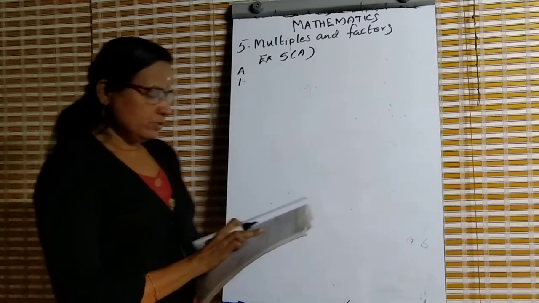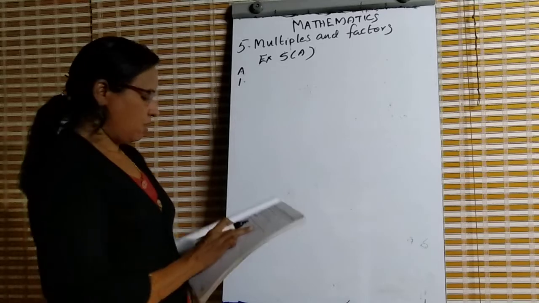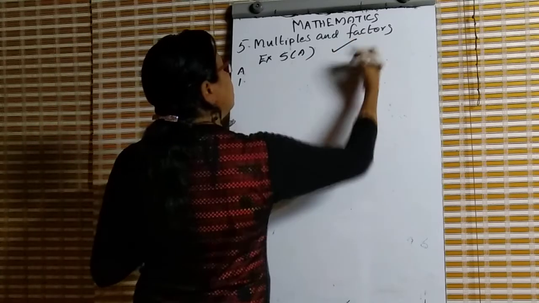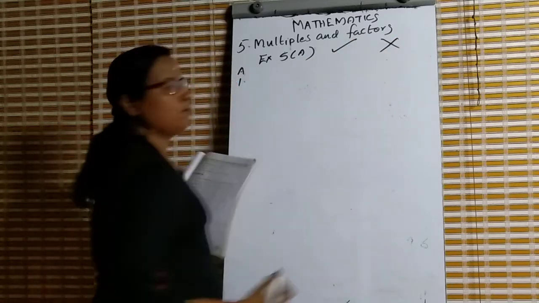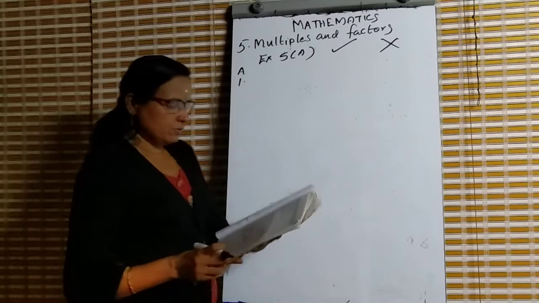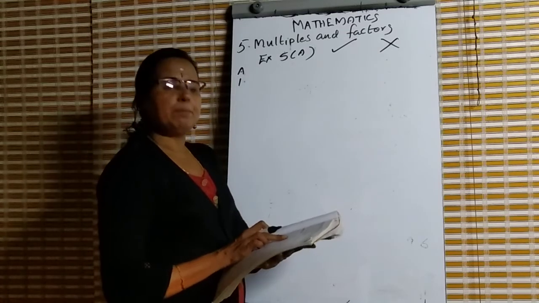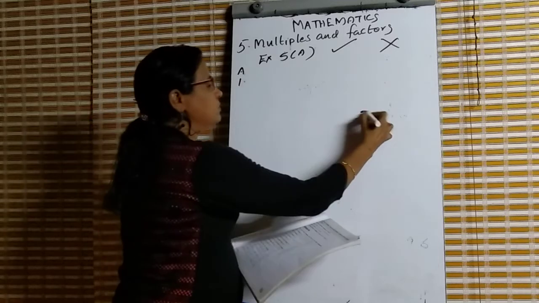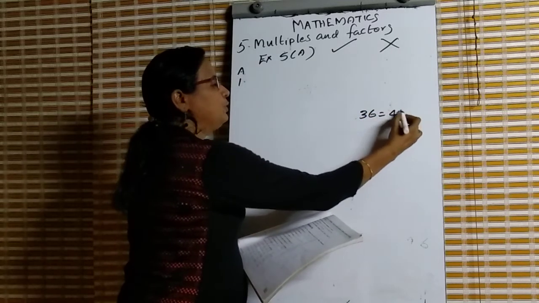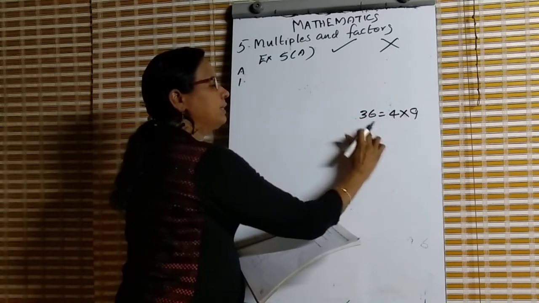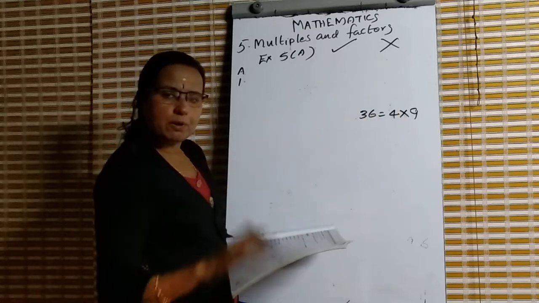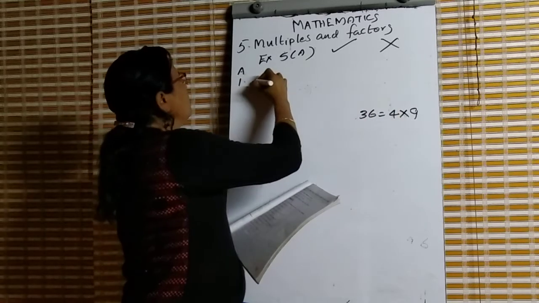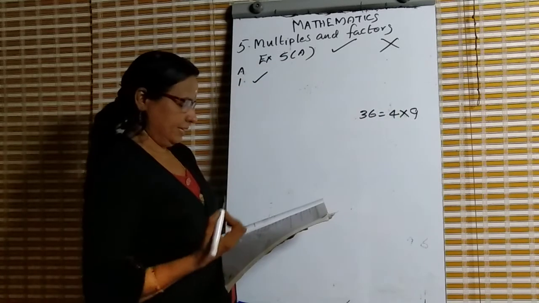Tick the true statements and cross the false statements. Read the first question. 36 is a multiple of 9. 36 is equal to 4 into 9. Therefore, 36 is a multiple of 9. This is true, so we tick.